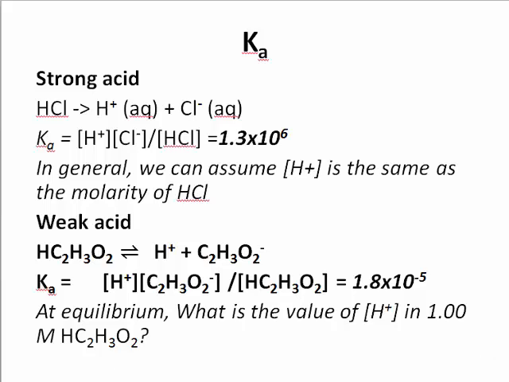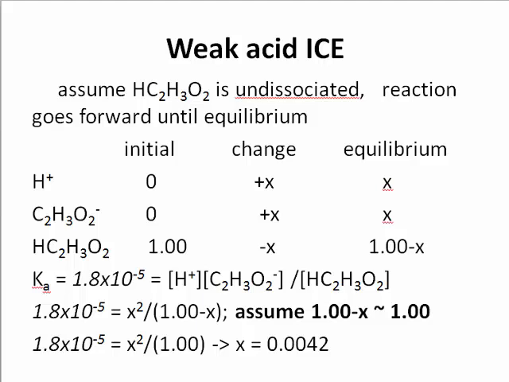Alright, so again, we're assuming the acetic acid is undissociated and the reaction goes forward to the right until equilibrium is reached. Our initial concentrations of H+ and acetate are 0. Because of stoichiometry, they increase by X, and the equilibrium concentrations are then X for each of these. Now, our initial concentration of acetic acid is 1, and remember that this concentration appears in the denominator of the equilibrium expression.